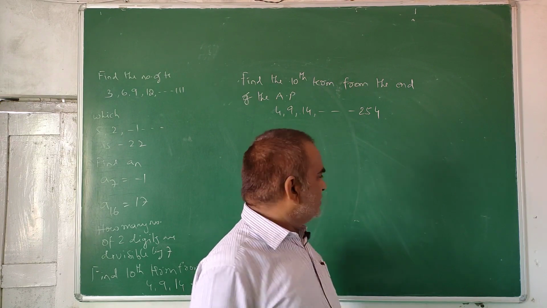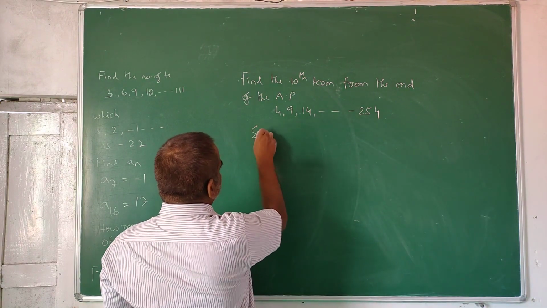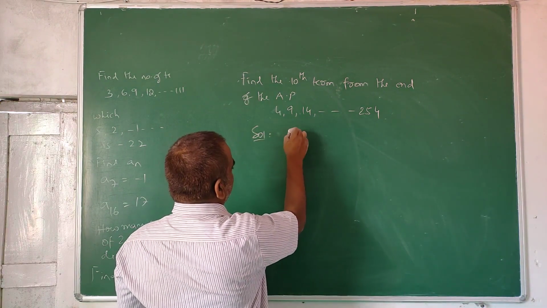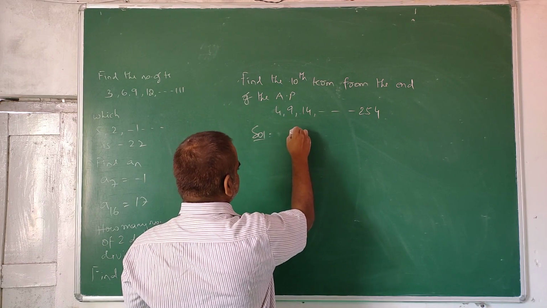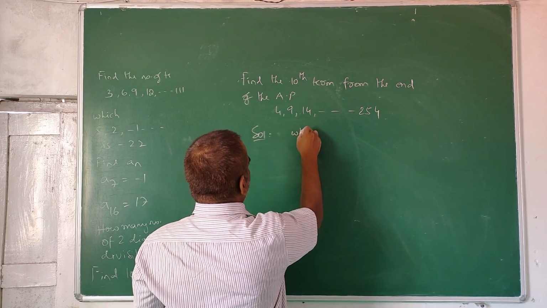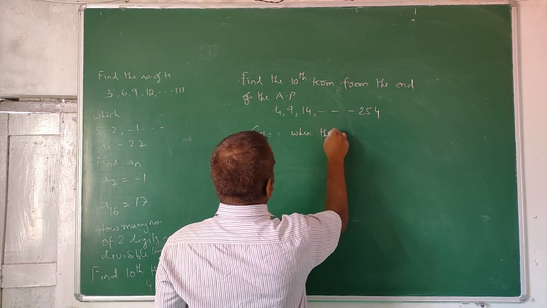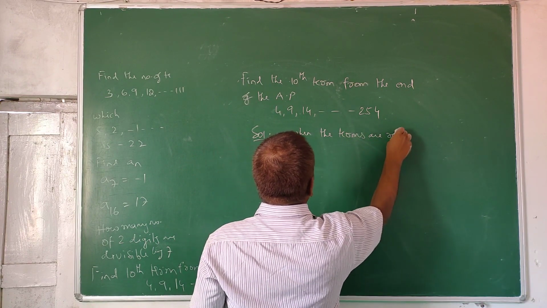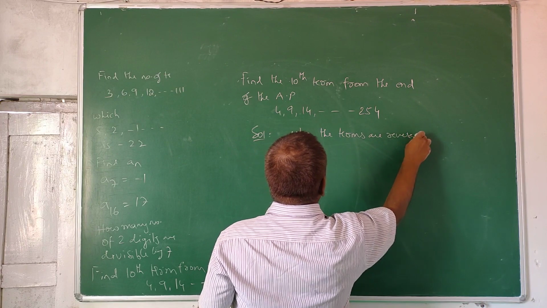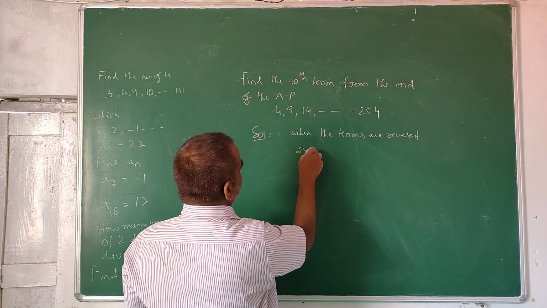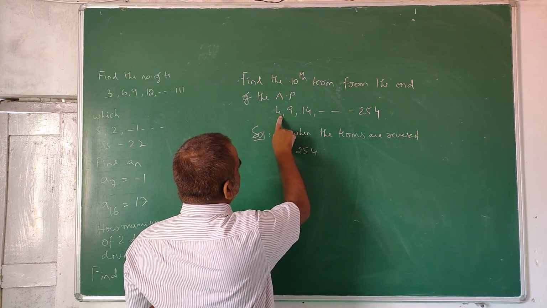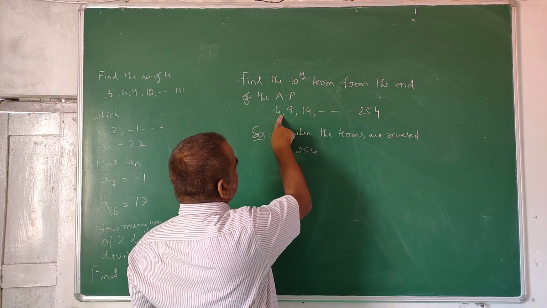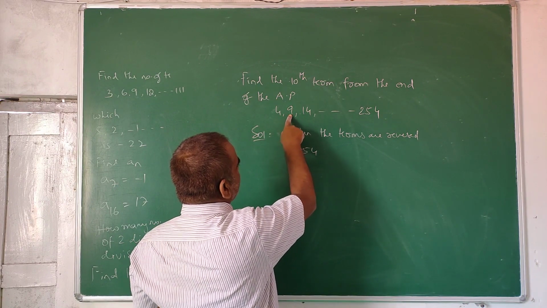Are you following? So for this you have to reverse the progression. When the terms are reversed, then what do you get? 254. See here, the common difference is 5 in 4, 9, 14.